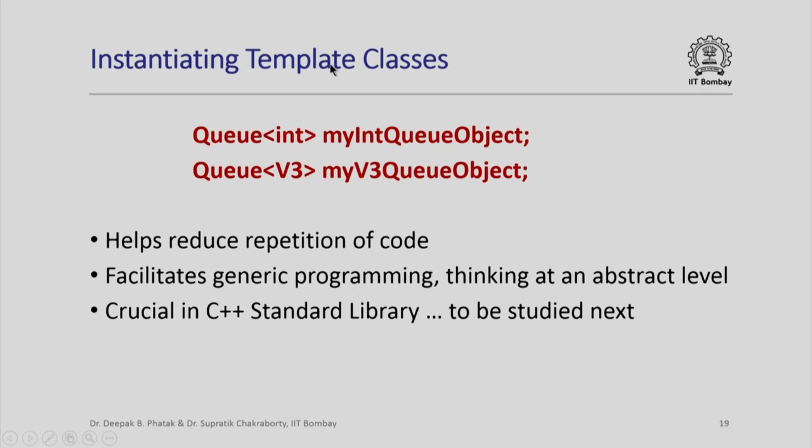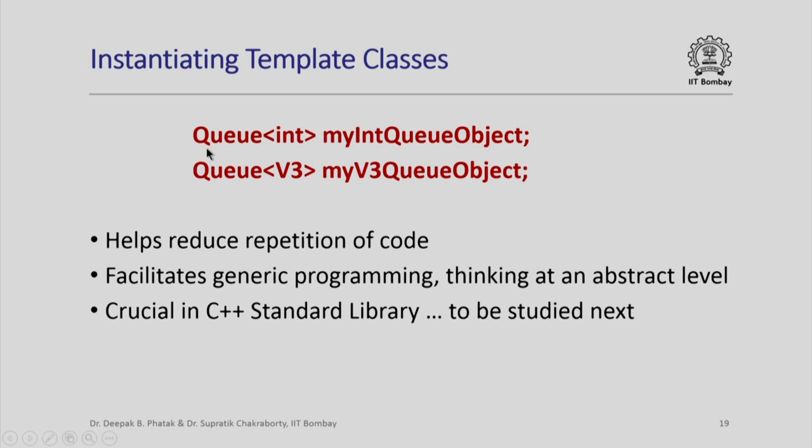And how am I going to instantiate these template classes? Well, perhaps in this way, where I say I want the class Q, which is really a template class, but I want to instantiate and create a specific instance of this class where the generic data type T is going to be replaced by int, and here is an object of this particular instantiated template class.